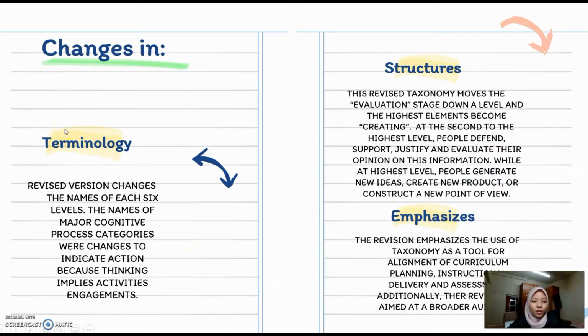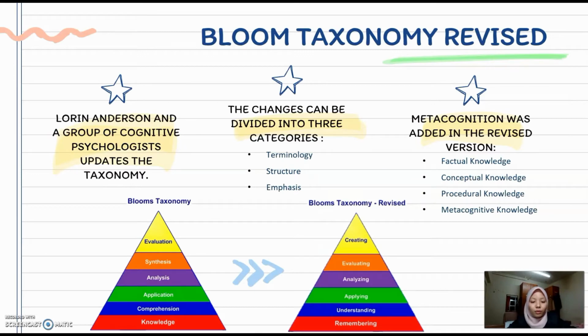Changes in terminology: the revised version changes the name of each of the six levels. The names of the major cognitive process categories were changed to indicate action, because thinking implies active engagement. For example, the lowest level of the original, knowledge, was renamed remembering.